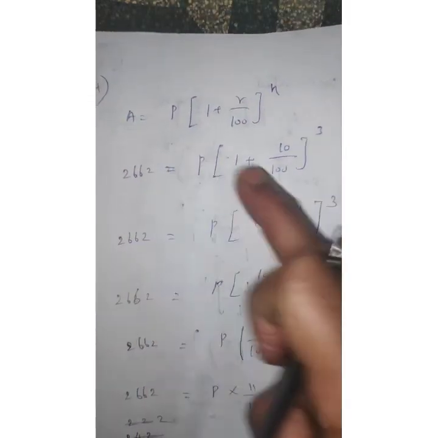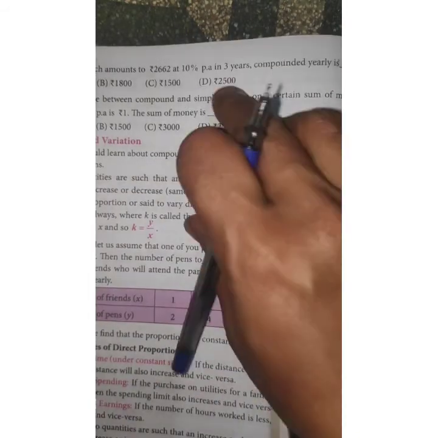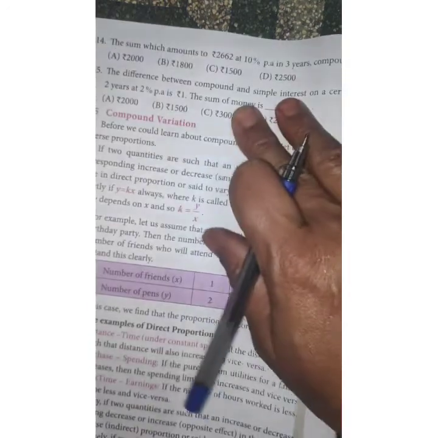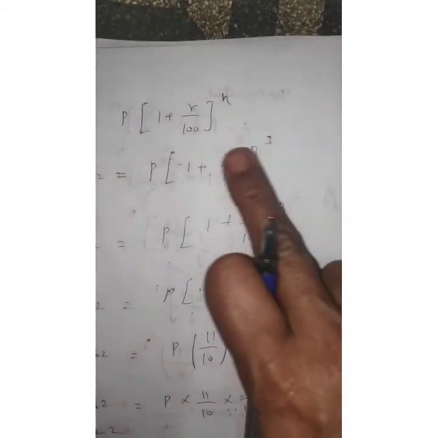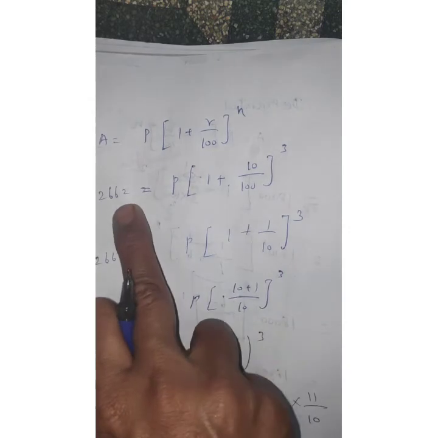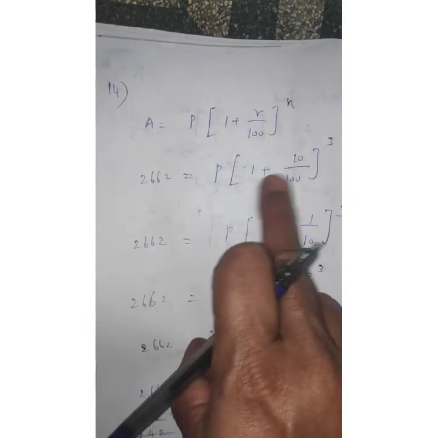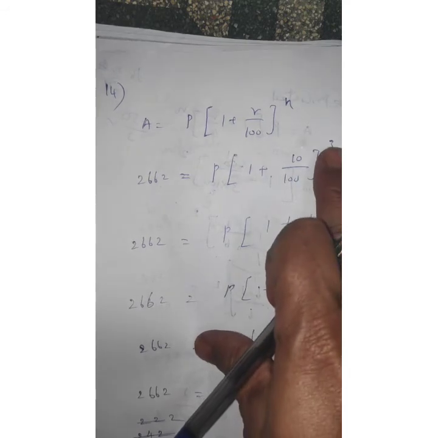The A value is given, the P value only we want to find. So write the formula: A equal to P into 1 plus R by 100 whole power n. 2,662 is equal to P into 1 plus 10 by 100 whole power cube.